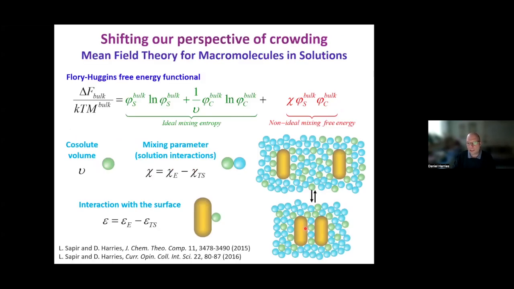Okay, so as a theorist, I'm allowed one slide with long equations. This is mine. What we use for the solution is a Flory-Huggins type of free energy that includes an ideal mixing and a non-ideal free energy that is related to interactions between the Crowder and the solvent.